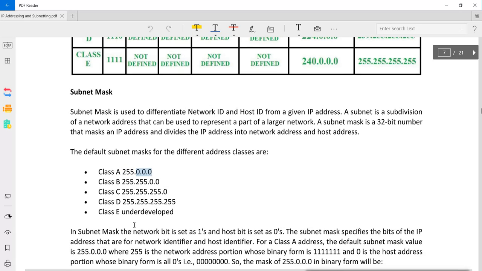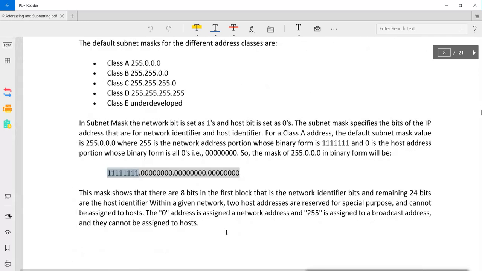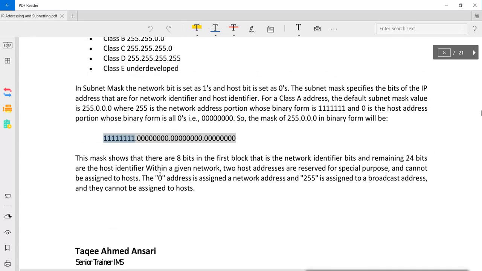But actually, what does 255 mean? All the bits are on. And 0 means all the bits are off. In a subnet mask, when a bit is on, it is considered as network, and when the bit is off, it is considered as host.